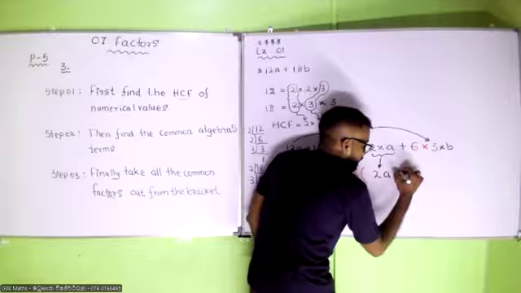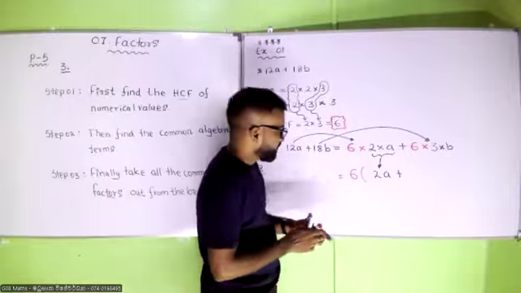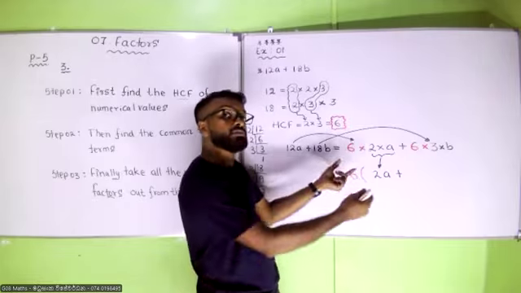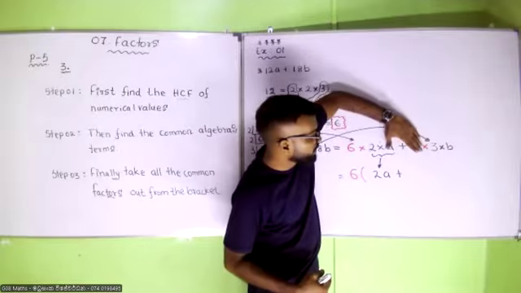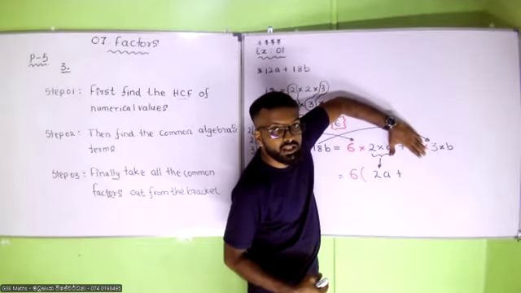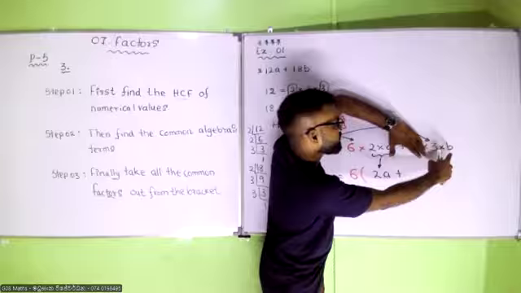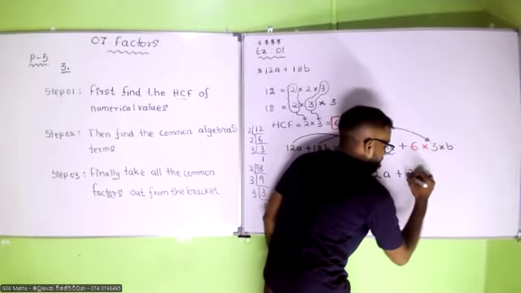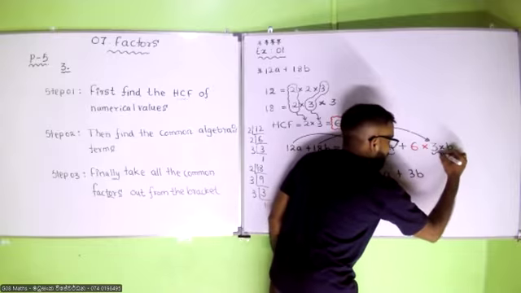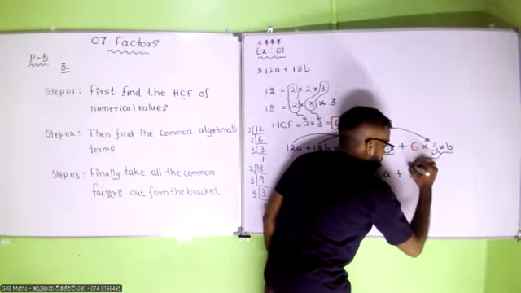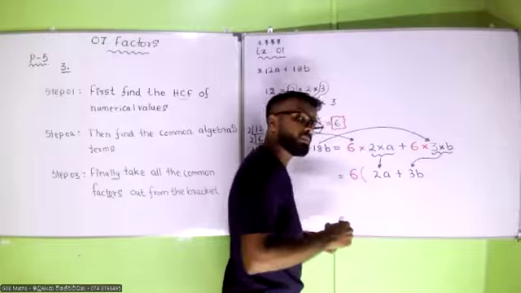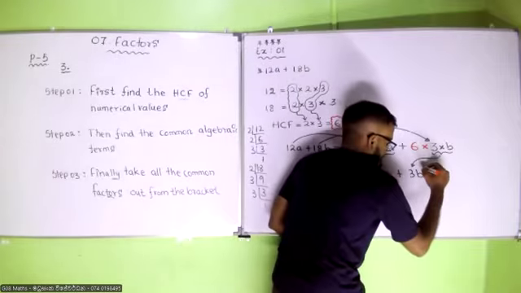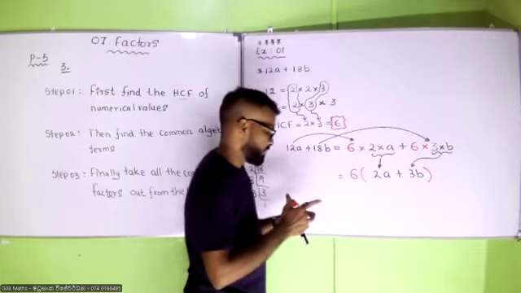Here we have plus. Now again we have taken the common term 6 out. For a moment, just forget this. What are the remaining terms? 3 times b, 3b. So write 3b. Now close the bracket.